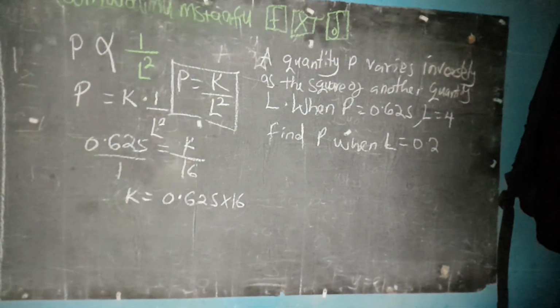So that in my next expression, I won't have to write the constant k, because k is just a constant. What do I do? I just take 16 times 0.625, and I find it is 10. So k is equivalent to 10.